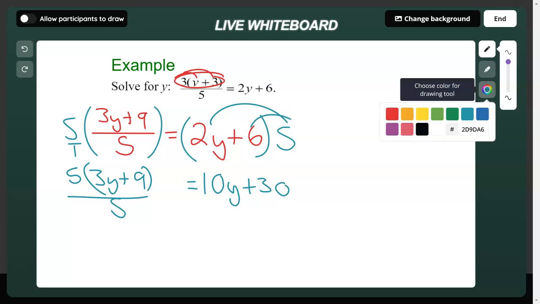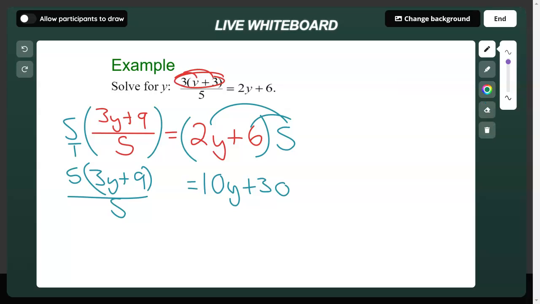Cancel out. 5 divided by 5 is 1. You can distribute, you're just going to have to end up simplifying later, and then your denominator's still there. Okay? So the 5 and the 5 will cancel out, leaving us with just our 3y plus 9 equals 10y plus 30.